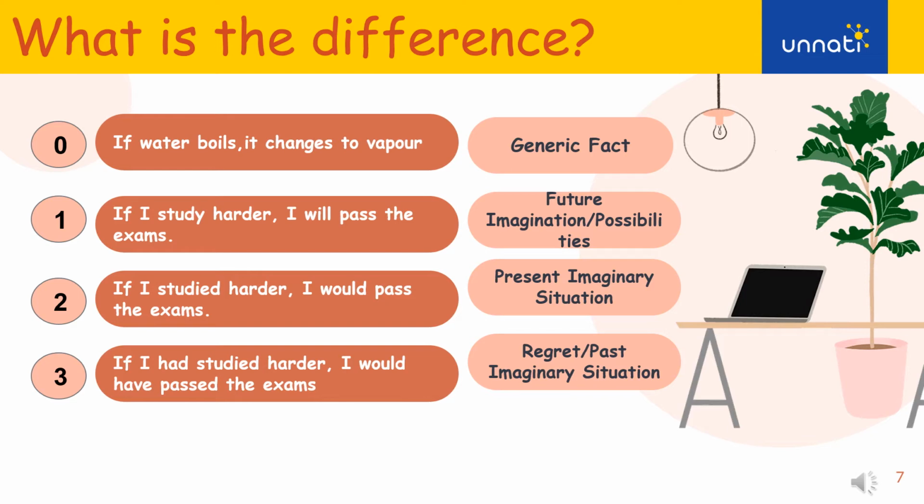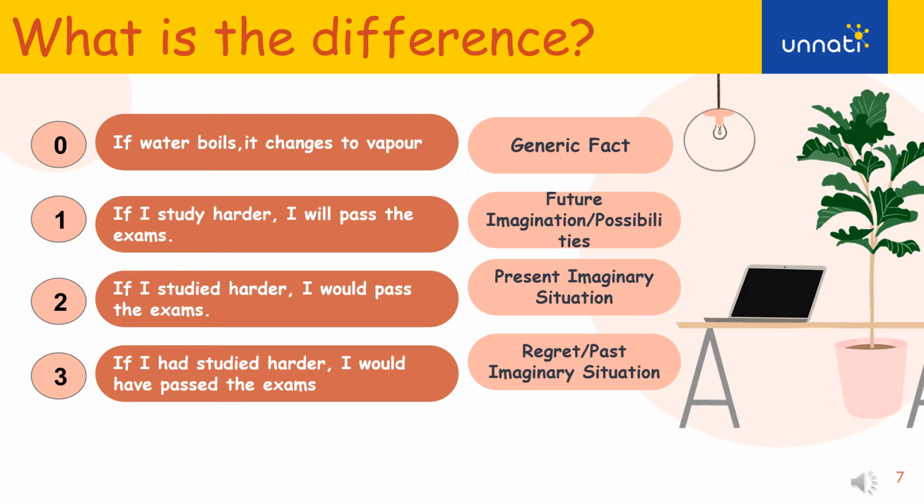Now, second conditional talks about a present imaginary situation. Like, for example, if I studied harder, I would pass the exams. So if I studied harder, I would pass the exams.